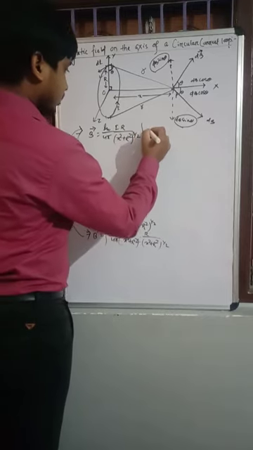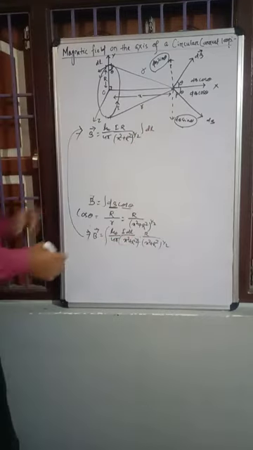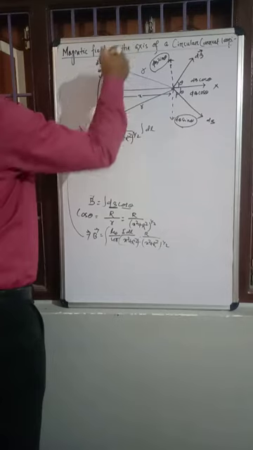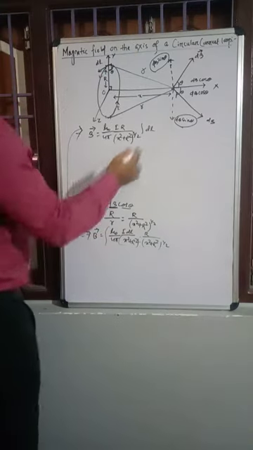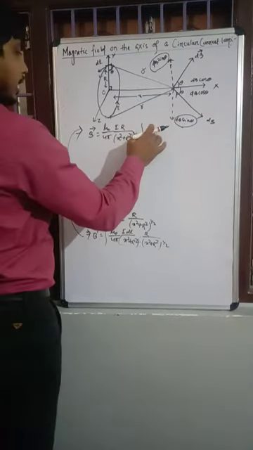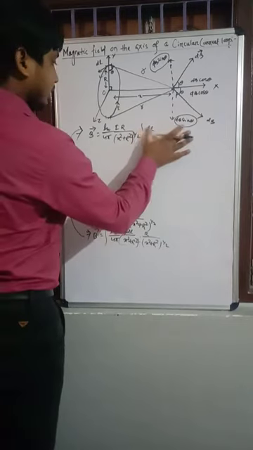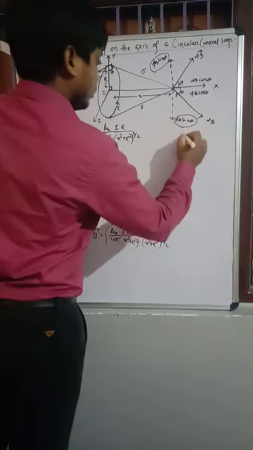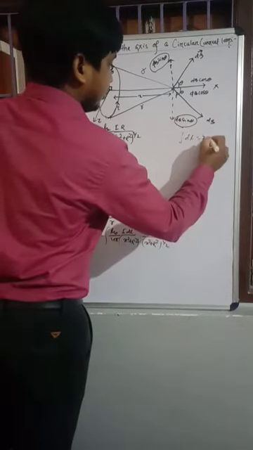integration over dl. So now if you integrate the length over the loop, it will come to the circumference, 2 pi r. So I am directly writing the integration over dl will be 2 pi r.